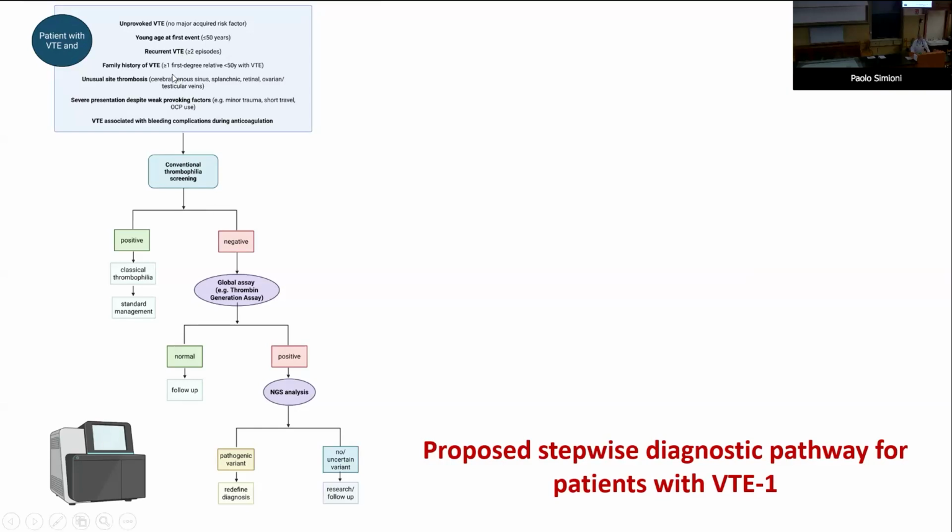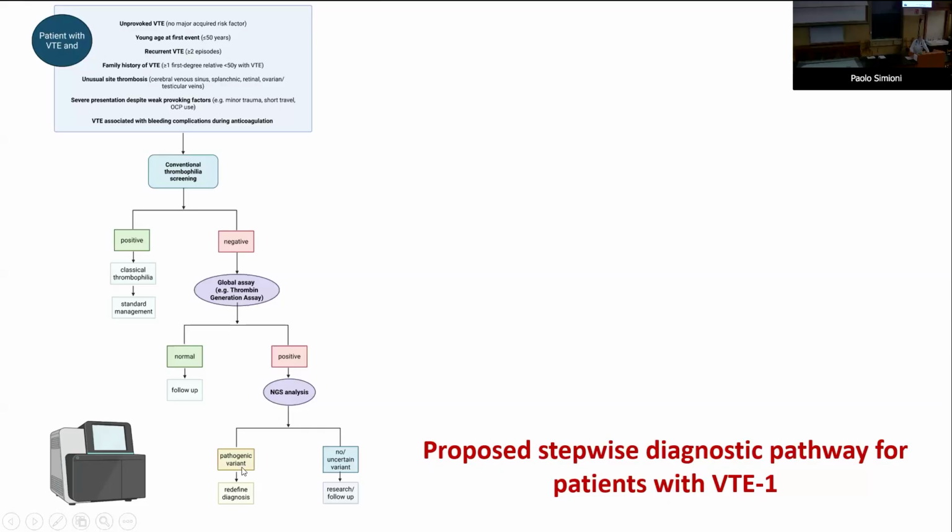And so what we do, we perform the analysis, the clinical study, and then we perform the conventional thrombophilia testing. And if the test is negative, we perform a global test to see if there is an increased thrombin generation. If the result of all these mutations that can be present in the patient determines an increased level of thrombin generation, if there is actually a positive increased thrombin generation, we perform NGS.